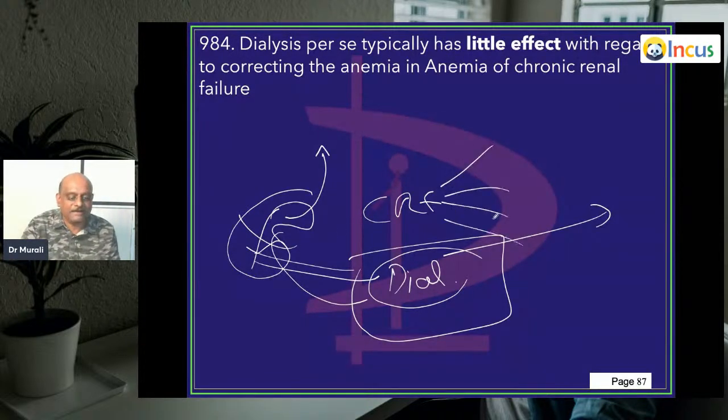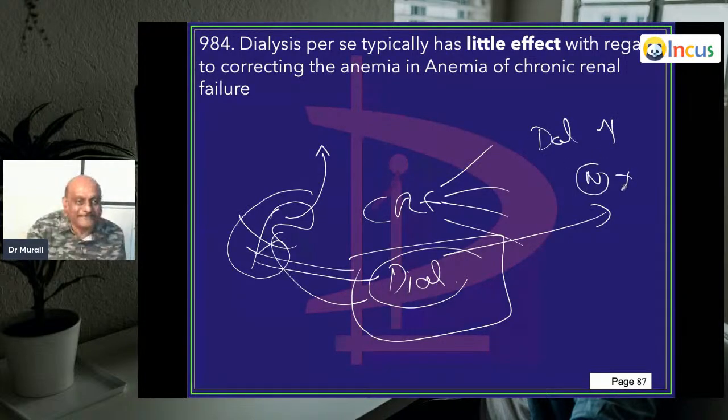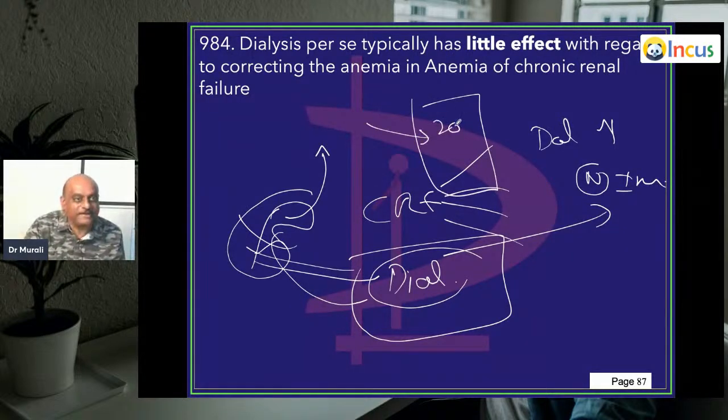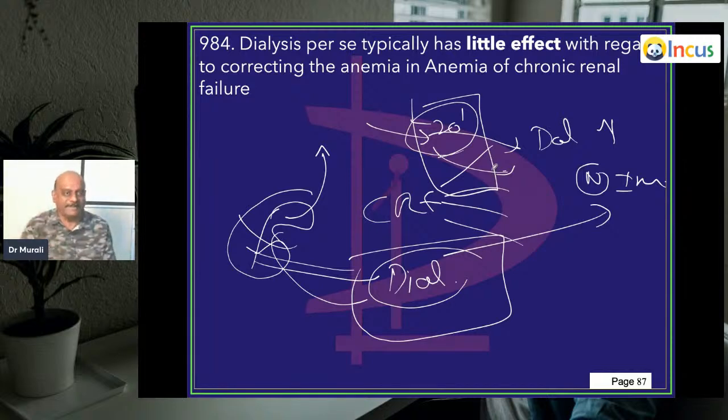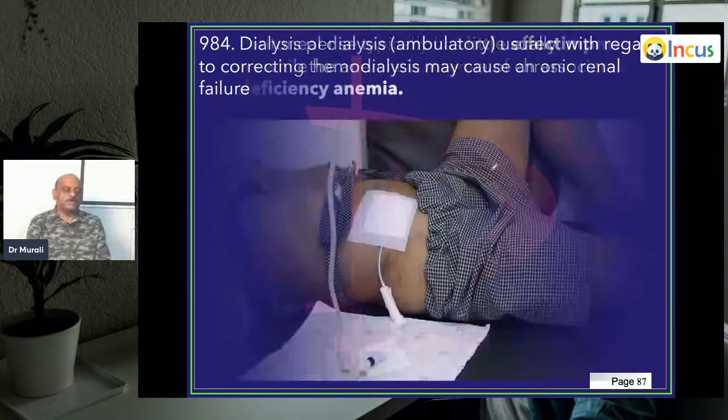What clinical manifestations of CRF are dialysis improvable? Not improvable. The list of 20 out of 20 features, what are improvable, what are not improvable, will come when we discuss CRF, don't worry. But that's a favorite question of examiners. But remember, dialysis has no effect in correcting the anemia of chronic renal failure, is what you need to remember.